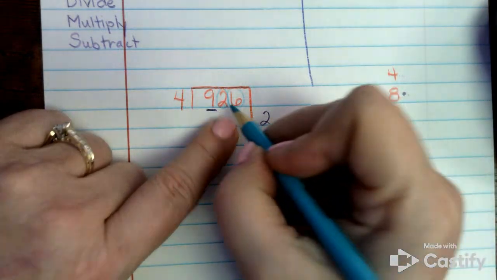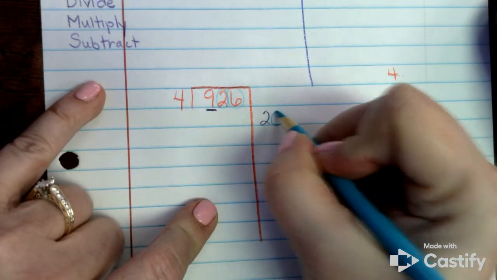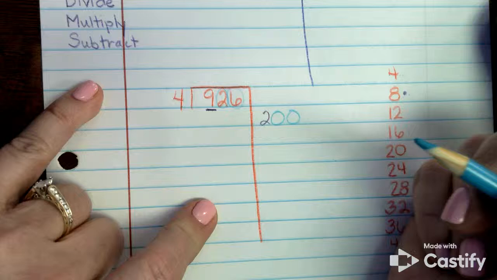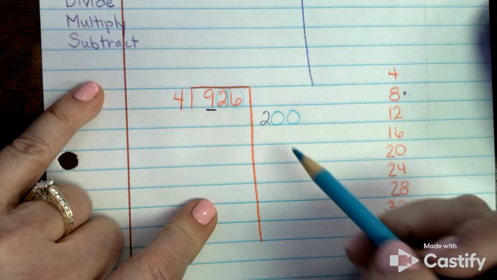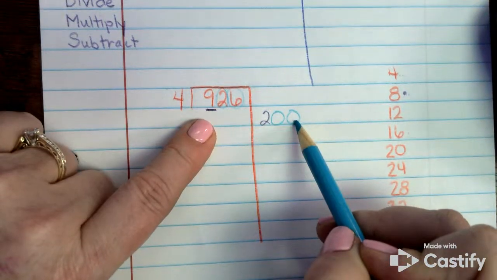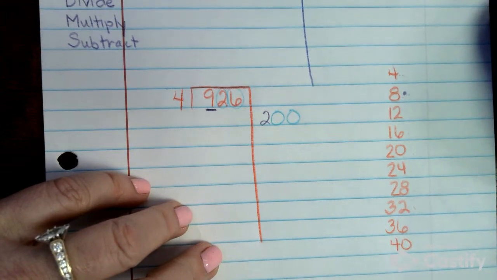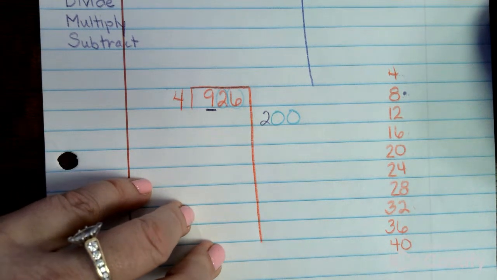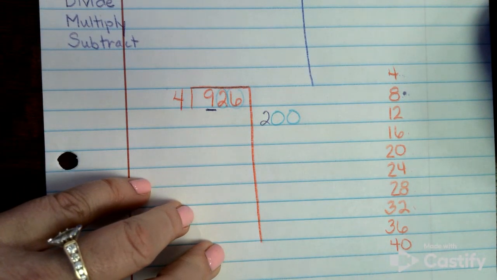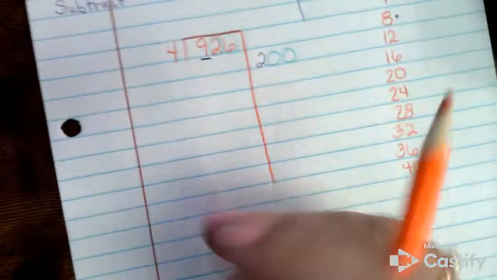We're not using those digits. So we're going to put zeros over here in our estimated partial quotient to hold these places. And that makes sense because when we multiply, which is our next step, our next step is to multiply.